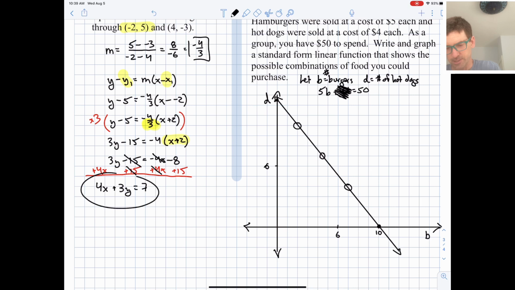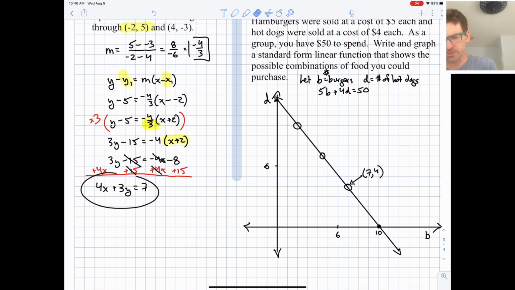Okay, so this looks like we were at 7, 4. So 7 burgers is $35 plus 4 hot dogs is $16.